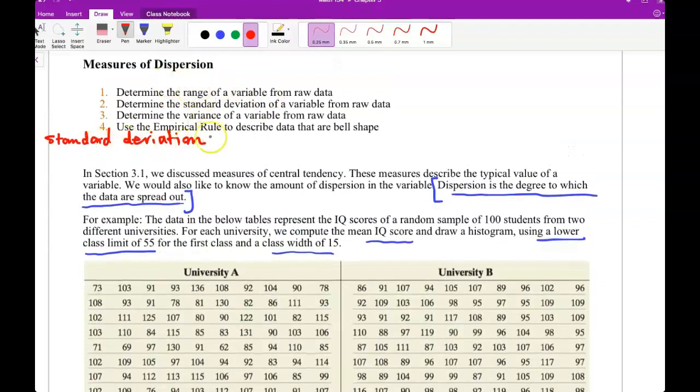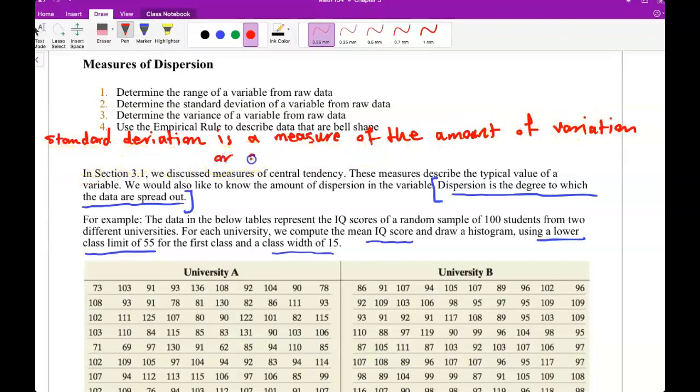Here we work on dispersion, that's why I used the standard deviation to find it and compare these two universities.